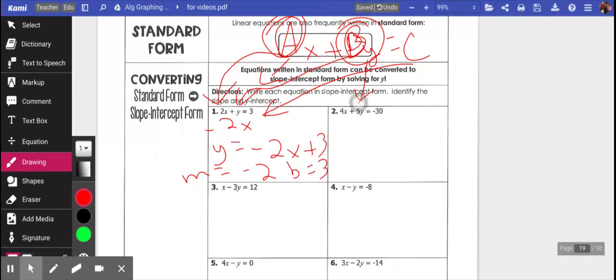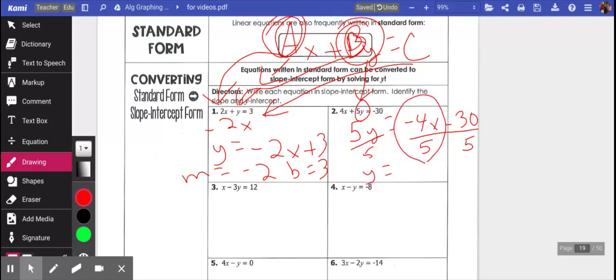Okay, on this one, we're solving for y. So we're going to have 5y equals, and we're minusing 4x to the other side. And then we're going to divide everything by 5. And I really think it helps to do that so you don't mess up, because with fractions and stuff, it helps to be able to see this.